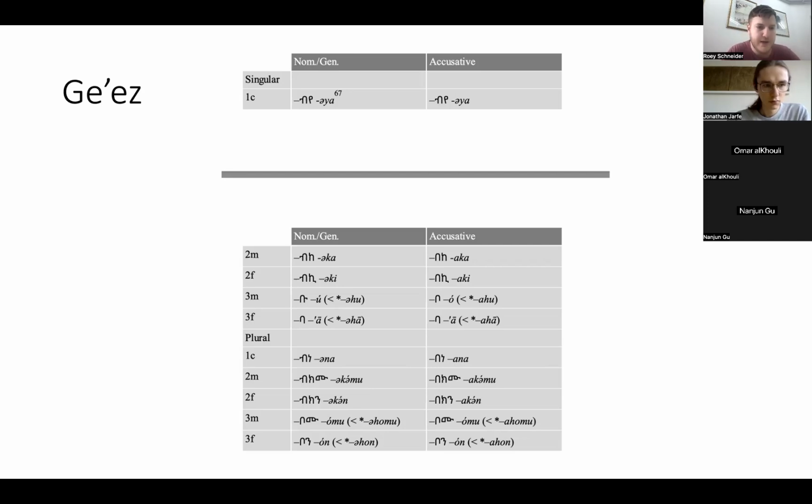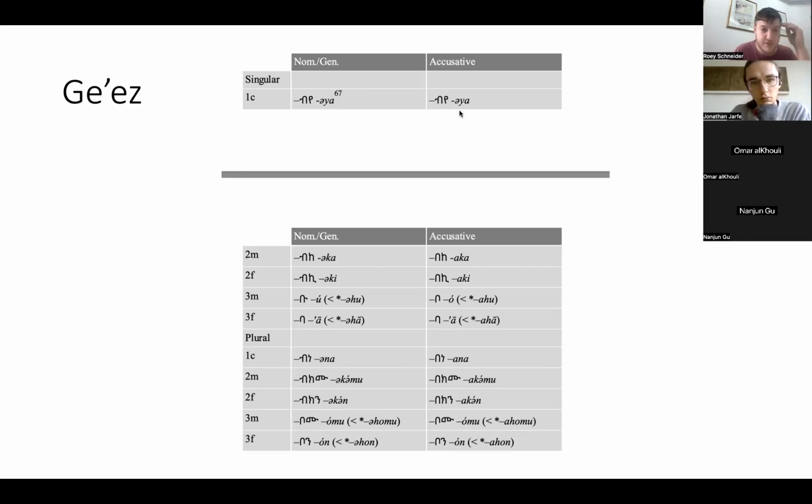So nouns are marked either for nominative or genitive or for accusative, or maybe better to say, nouns are only marked for accusative or for non-accusative. So you can see the difference between something like kalbaka, your dog accusative, and kalbka, your dog nominative or genitive.